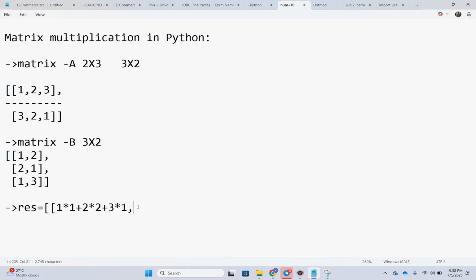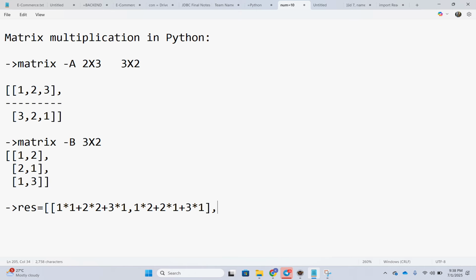So now I can write like this: 1 into 2 plus 2 into 1 plus 3 into 1. This is one row.